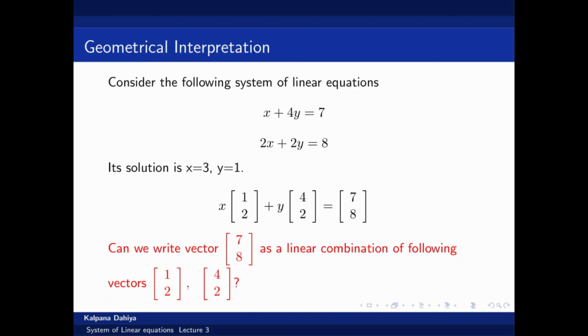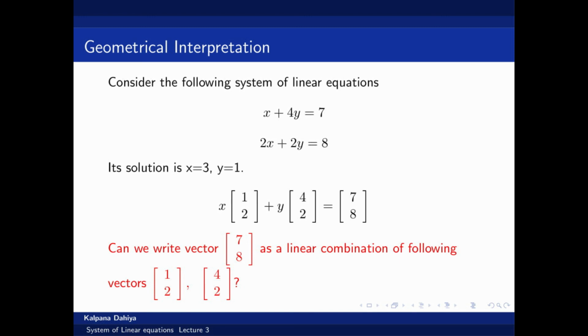For geometrical interpretation, I am considering this example, a system of two equations in two variables x, y. We have two equations as x plus 4y equal to 7 and 2x plus 2y equal to 8. This system has a solution as x equal to 3 and y equal to 1. You can just draw it geometrically, and these two lines are intersecting at a unique point.